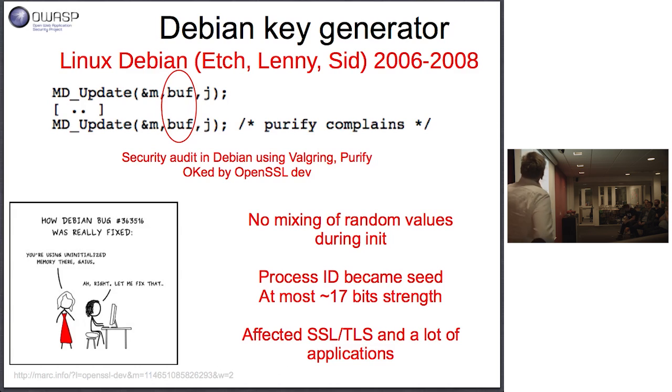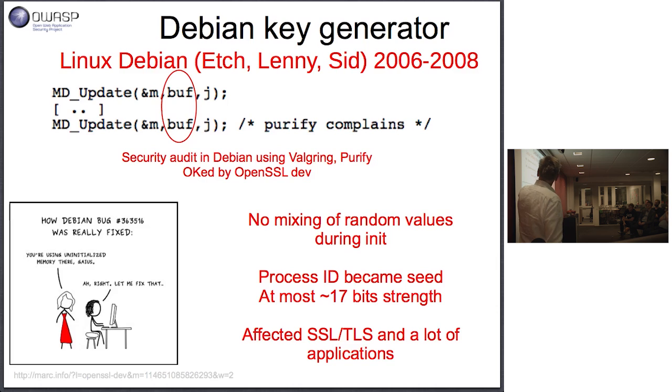We have seen quite some interesting bad random generators that have affected SSL/TLS. One was in Debian Linux, where some people were trying to do a security audit with nice tools like Valgrind. I don't know if you know Valgrind. Some of you do. It's a really good code analysis tool that looks for things like read before write and uninitialized values.